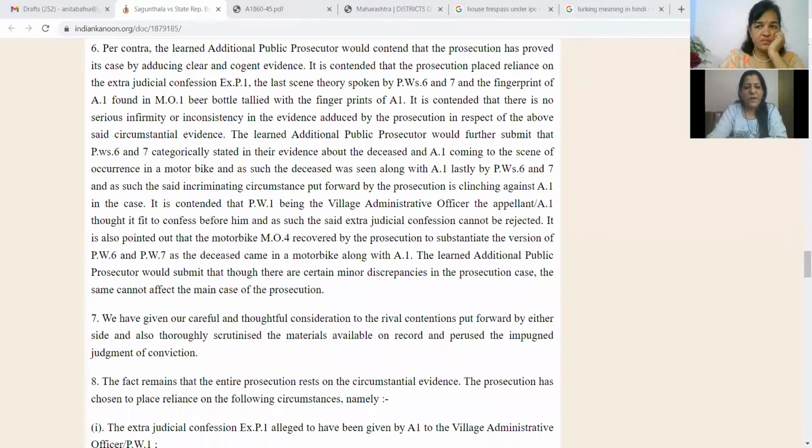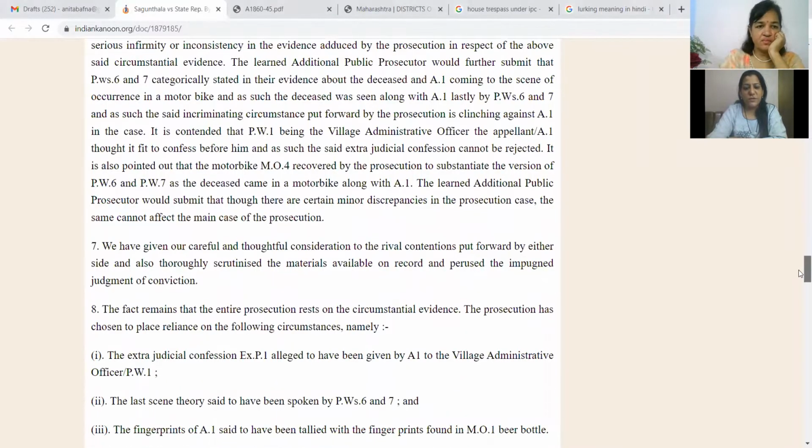We have given a careful and thoughtful consideration to the rival contentions put forward by either side and also thoroughly scrutinized the materials available on record and perused the impugned judgment of conviction. The fact remained that the entire prosecution rests on the circumstantial evidence.